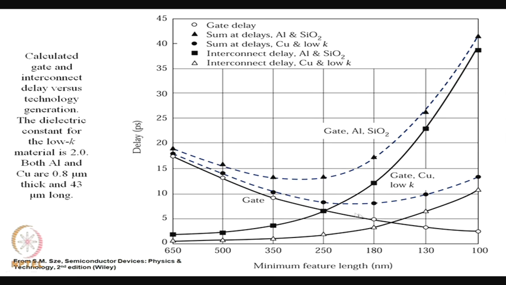The gate delay will be reduced, but at the same time the interconnection delay will be increased, because the interconnection delay increases with decreasing minimum feature length. Here on the X scale we have started from 650 to 100, so it is decreasing. As the minimum feature length decreases, the interconnection delay increases by such a factor that even if you take the sum of the delays, it will be dominated by the interconnection delay.